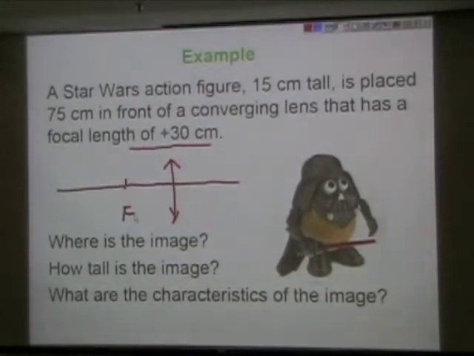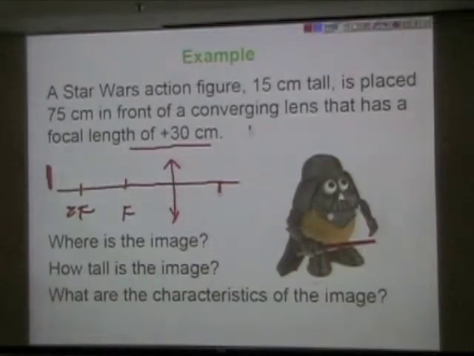The figure is placed at 75 centimeters away. 75 is even more than twice 30. So 30, 60, 75. Here. Now we can say what's going to happen to the image. The image is supposed to be inverted and smaller.